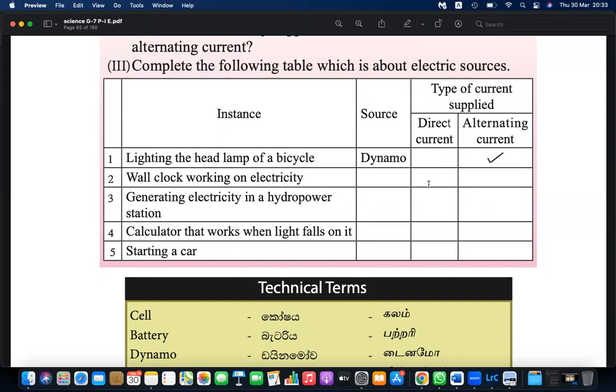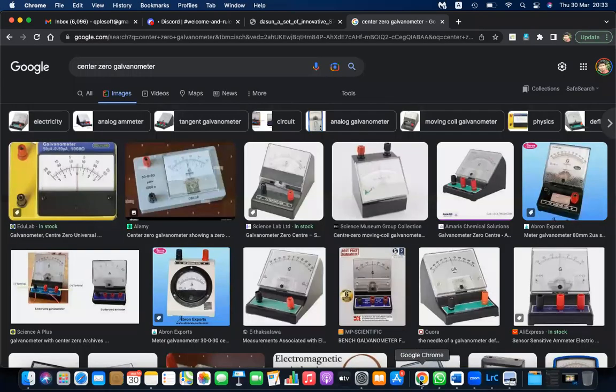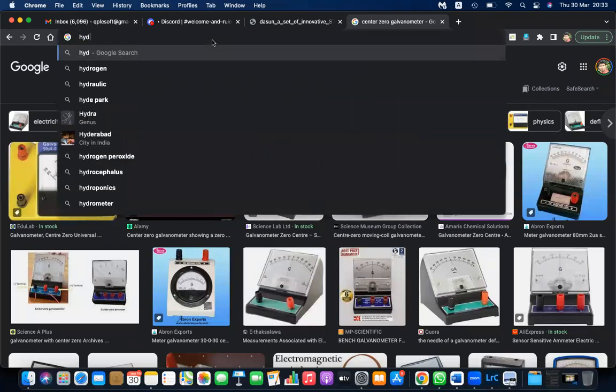Generator, or turbine, in a hydropower station. Can you remember, we have discussed this, right? You can say generator, but in hydropower it is normally a turbine.